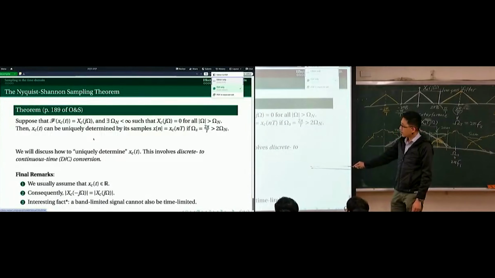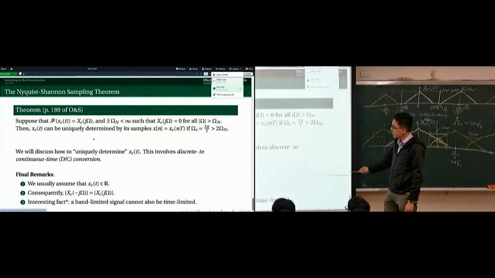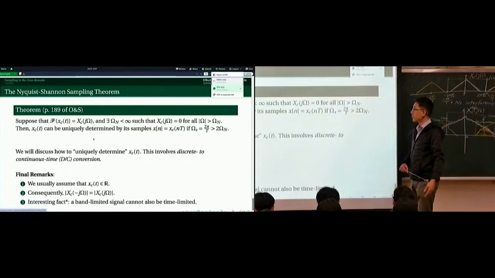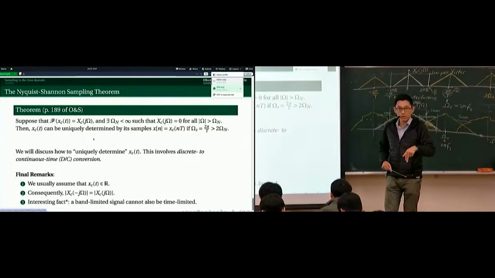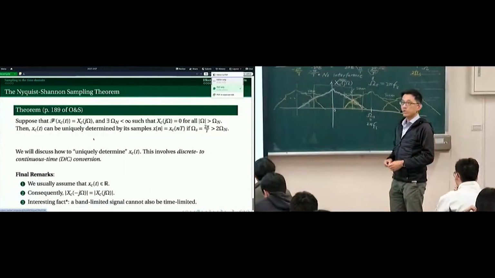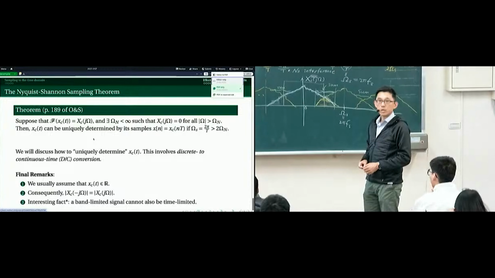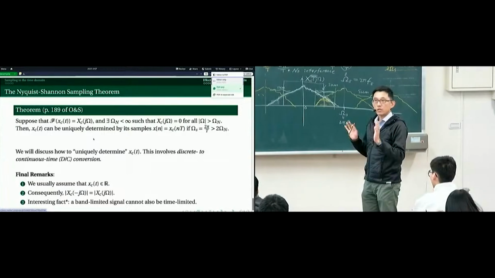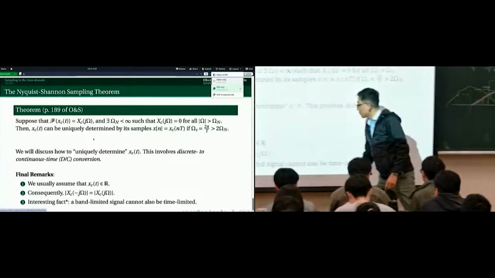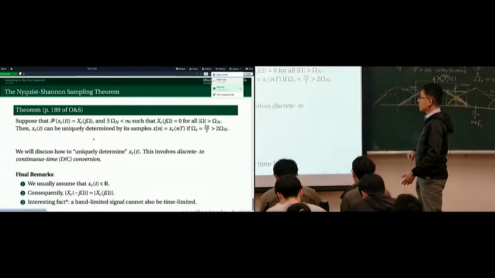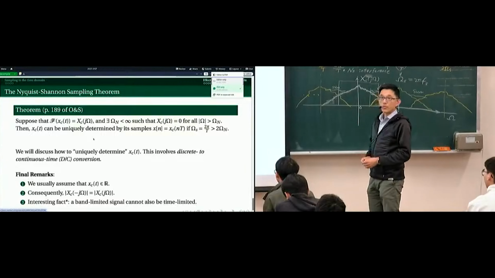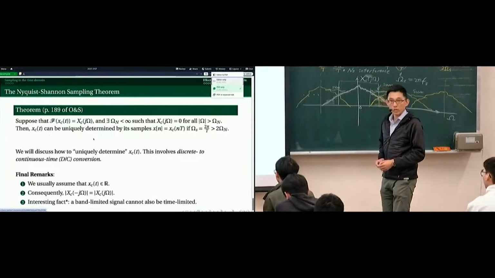Okay, this lecture is about sampling, but I haven't mentioned that most of the time, at least in this course, I usually assume that our signal is real valued, no imaginary part. When I write down a continuous time signal, or even a discrete time signal after sampling, our signal is assumed to be real unless we mention otherwise.